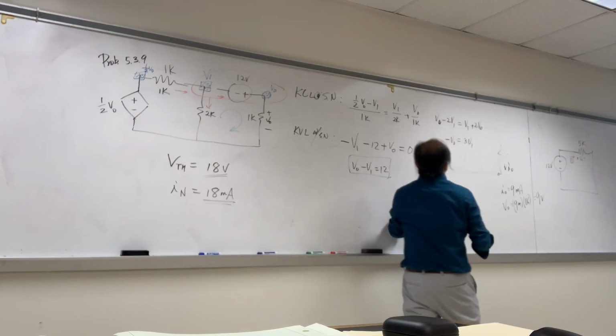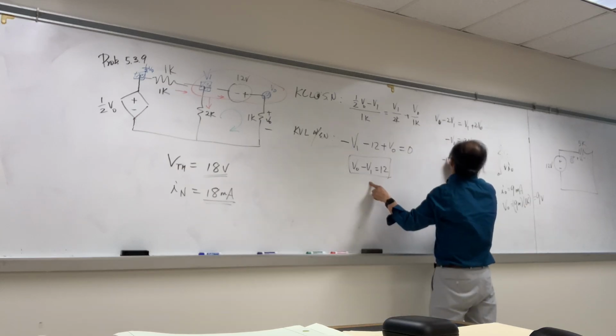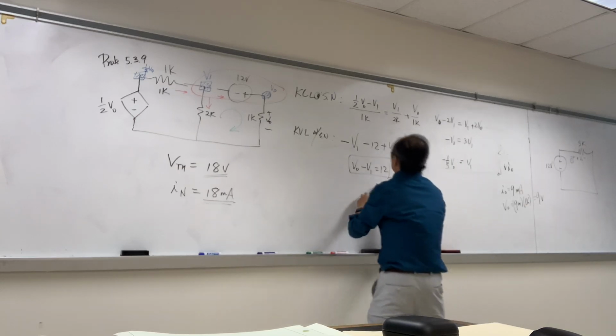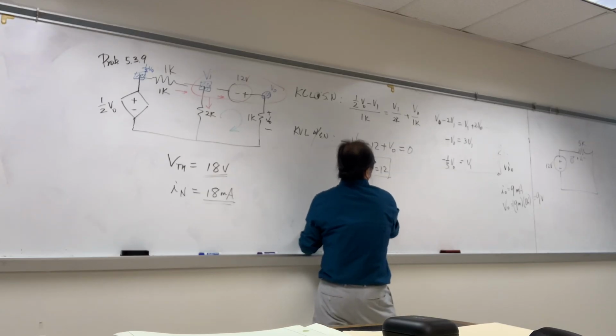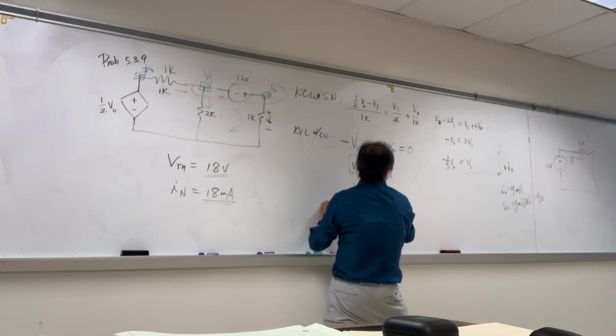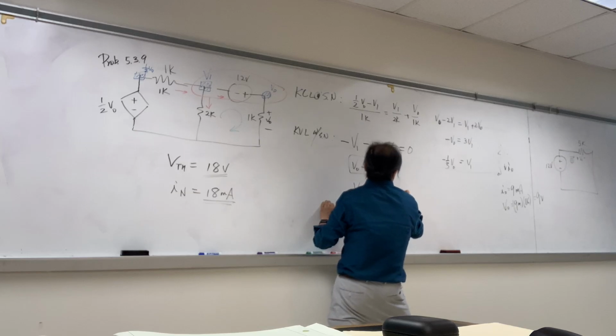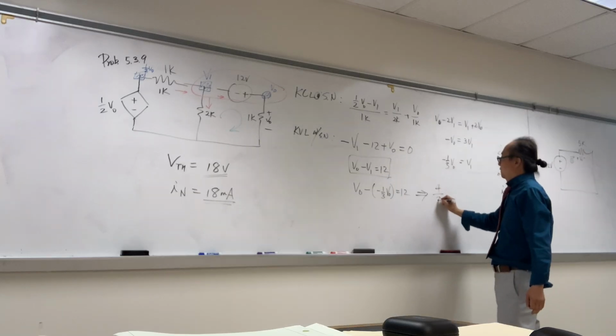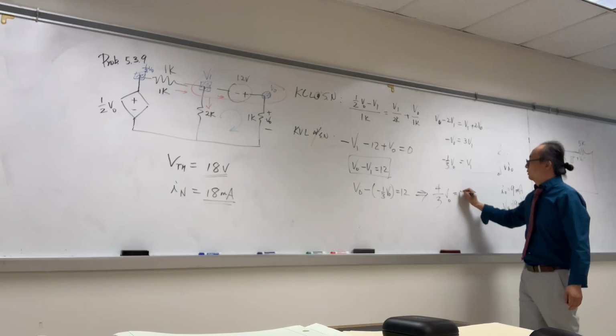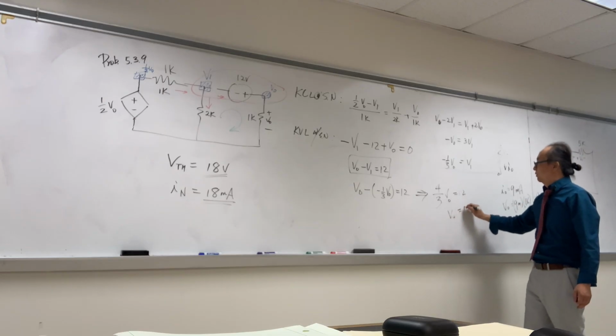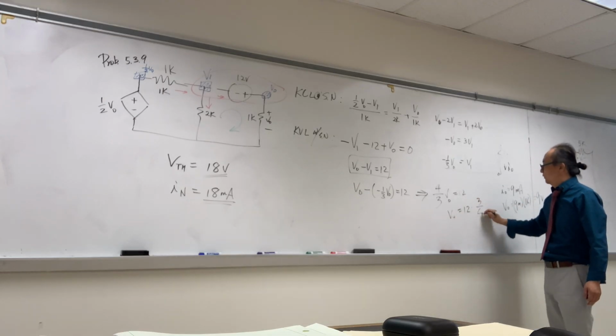No, negative V naught. V1 equals negative 1 over 3 V naught. Plug it in here. V naught minus 1 over 3 V naught equals 12. 4 over 3 V naught equals 12. V naught equals 12 times 3 over 4.